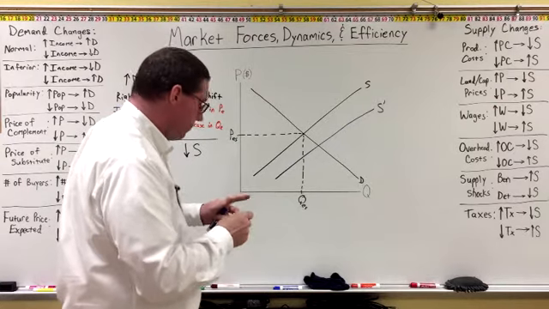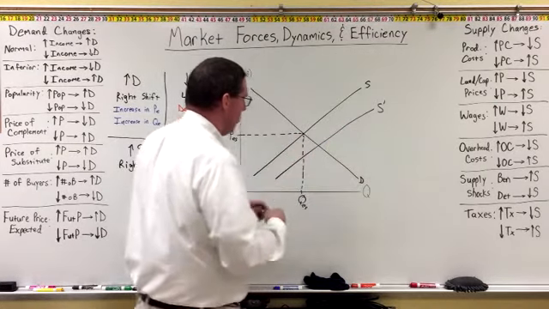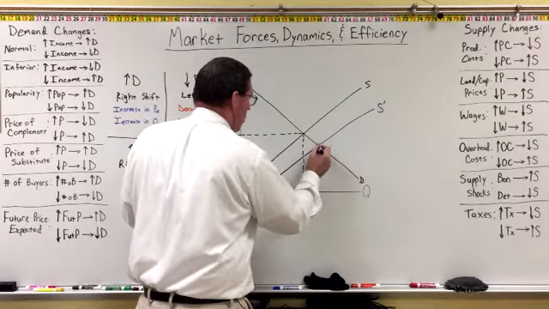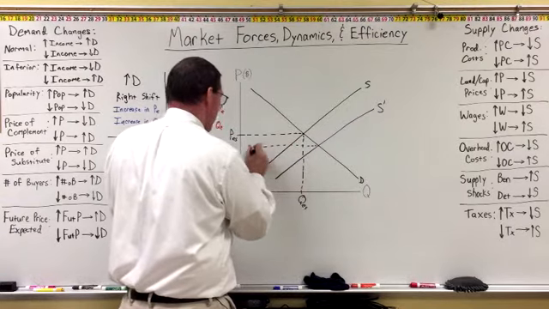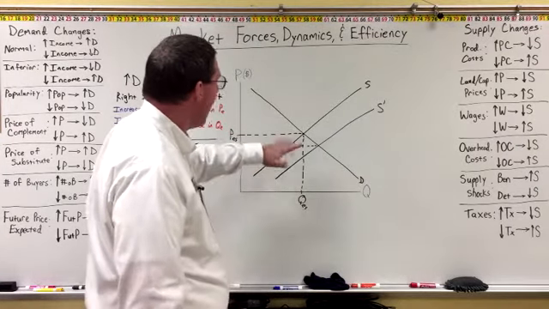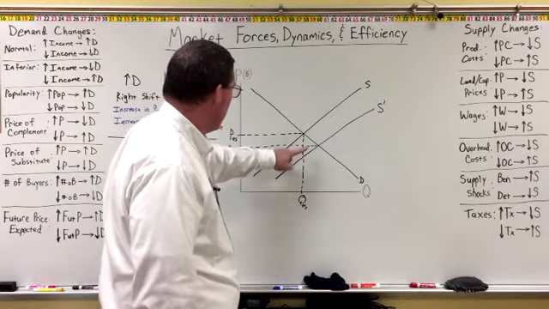But now, supply has increased and has shifted to the right. And now, the new equilibrium price is here. Equilibrium price new, right? Now, at that new equilibrium price, where are we?